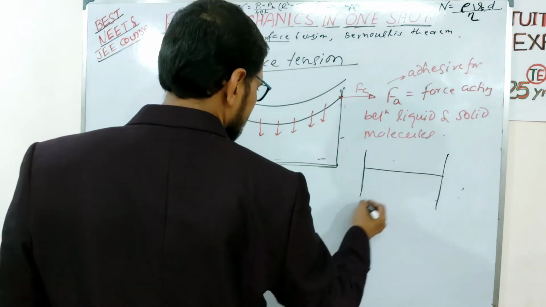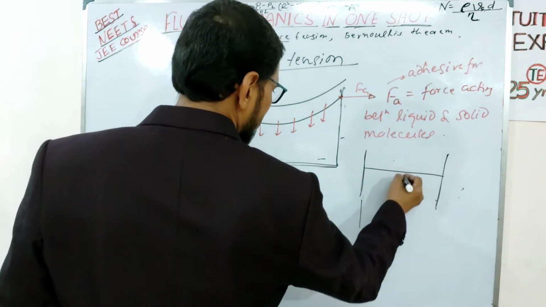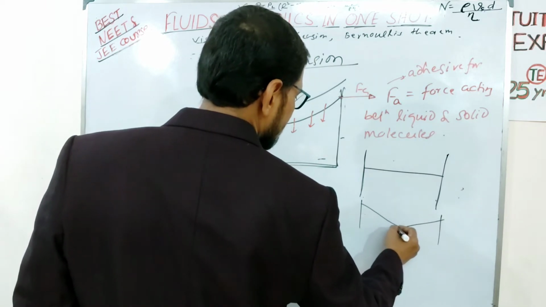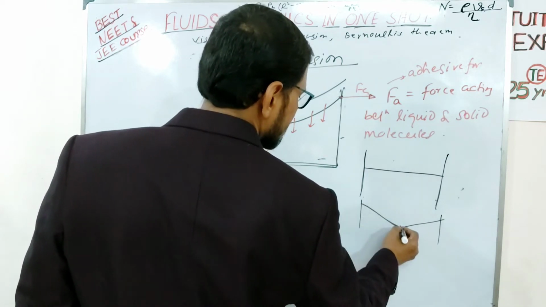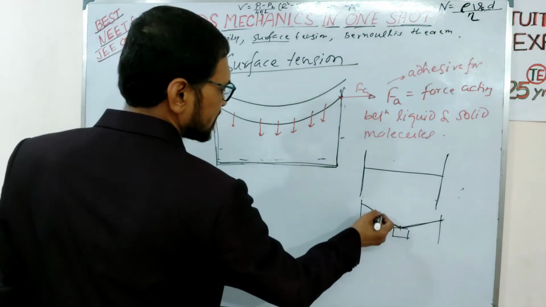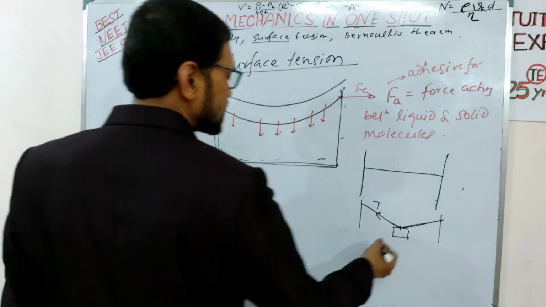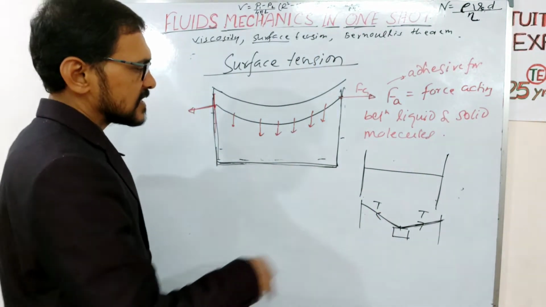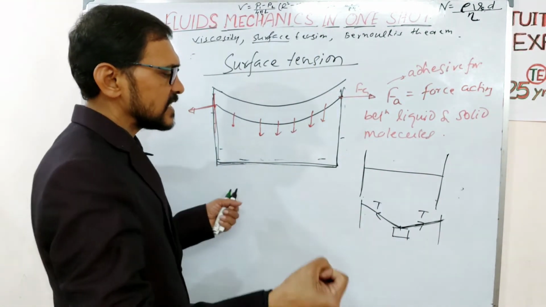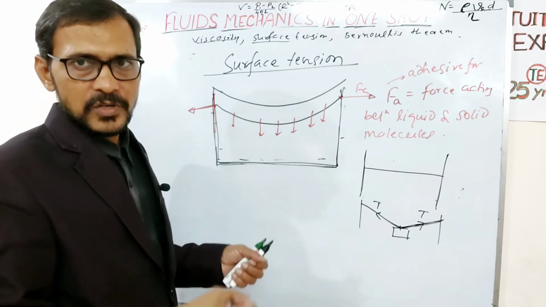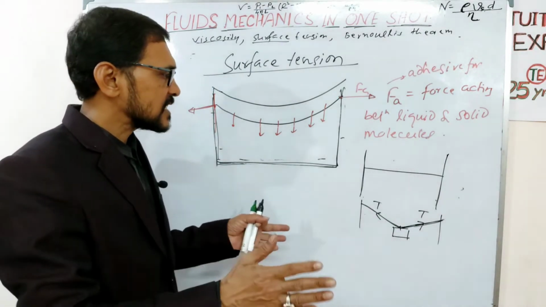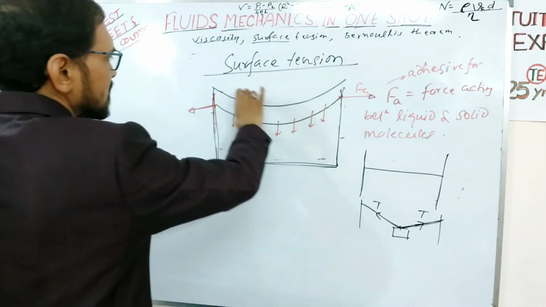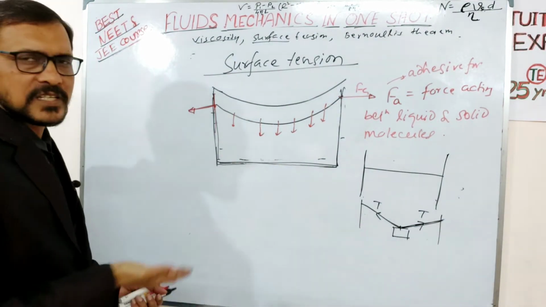Now if a mass is attached at the middle of the string, then the string is extended. So due to the extension, a tension acts on the string. So tension is developed when we extend a surface or a string. Here the liquid surface is extended, so a surface tension is developed.